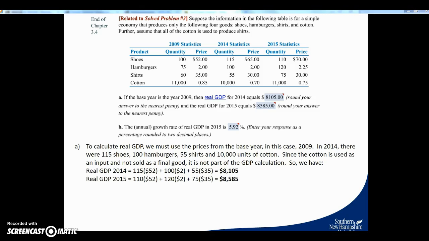So you can see I've done that for 2014, and we get the total of 8,105, which matches up with the textbook answer. And then we do the same thing for 2015. We use the quantities from 2015 for those 3 final goods, multiply them by the 2009 prices, and we get this new GDP of 8,585.